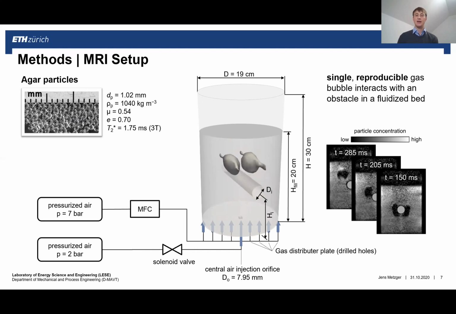MRI studies are then used to perform sagittal cuts through the bed that give us information about particle concentration. You can see the image series on the right of the slide, with different slices at different points in time, where black regions represent voidage, so a gas-filled region, and bright regions represent particle regions.